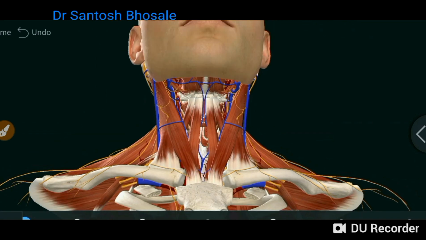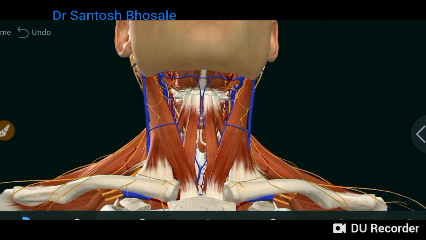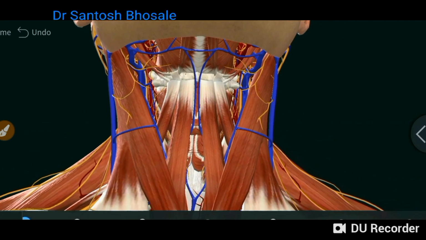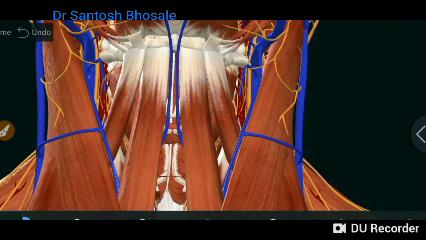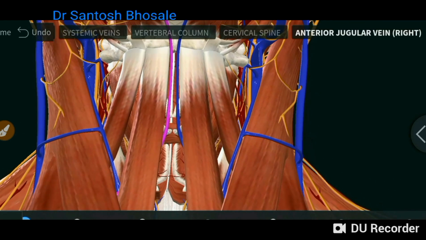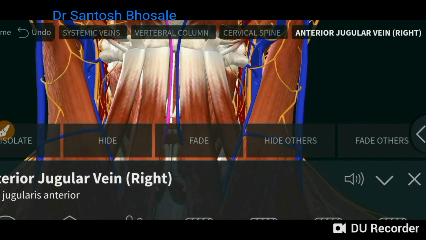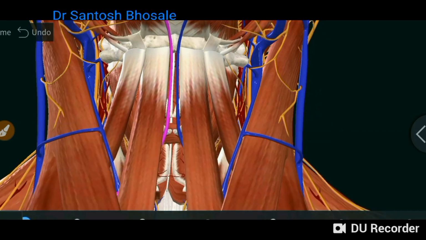As you can see here, when you remove the skin and fat in the superficial fascia, you will see numerous venous tributaries, mainly the anterior jugular vein, the tributaries of the common facial vein, and tributaries of the external jugular vein. You can see that is the anterior jugular vein. It runs in the midline of the neck.